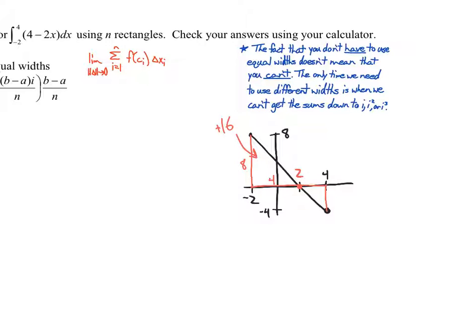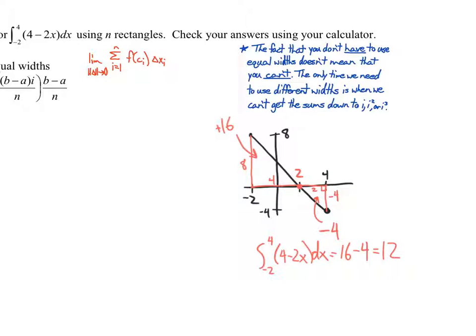Here, this is a base of 2 and a height, if you will, of -4, so the area would be -4. So the integral from -2 to 4 of 4 minus 2x should equal 16 minus 4, which is 12.